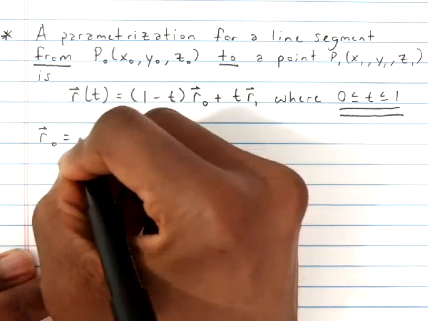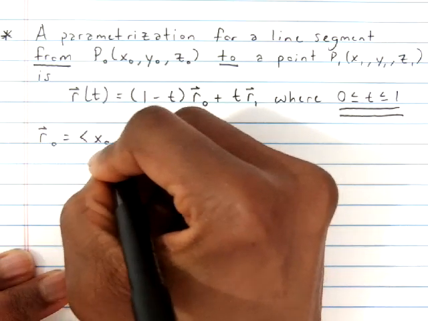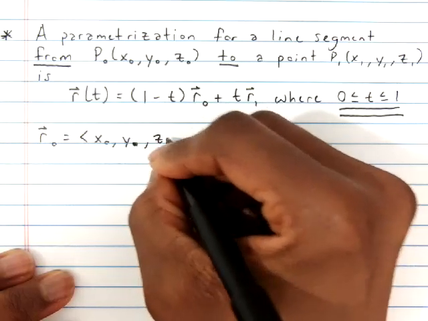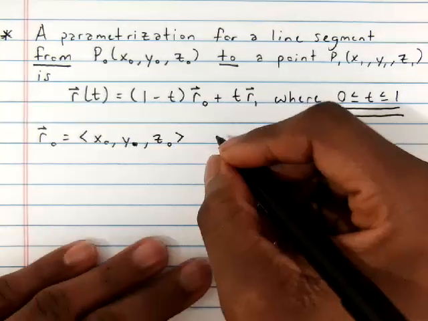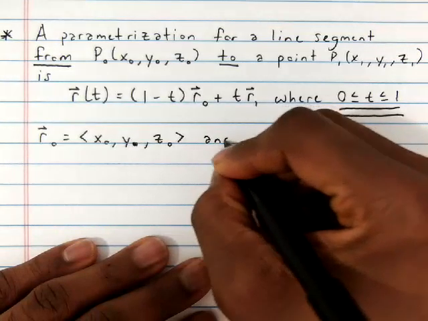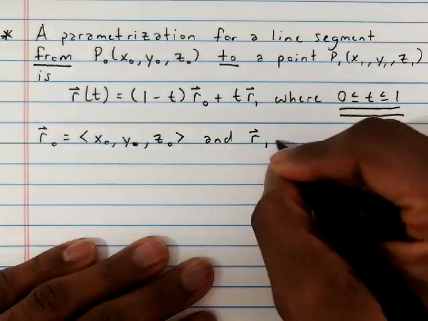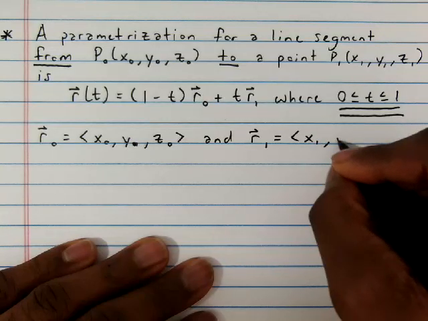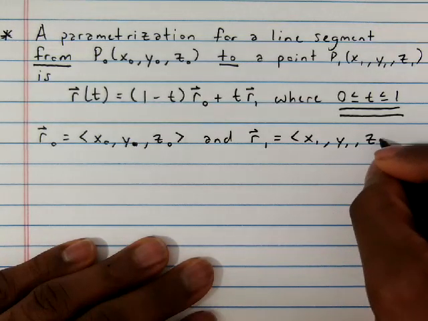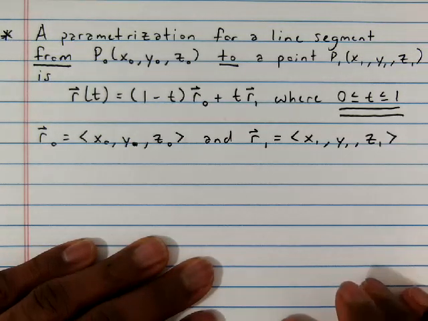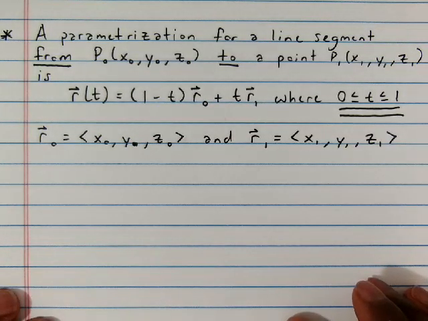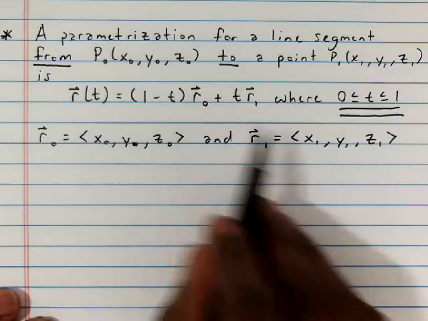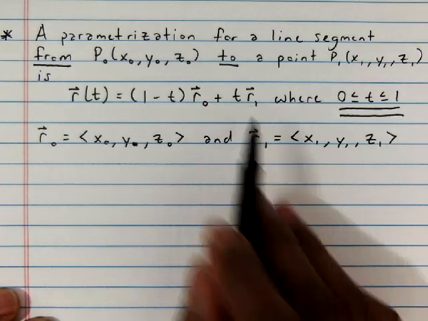R naught is just the vector with components x naught, y naught, and z naught. And R1 is the vector with components x1, y1, and z1. So if you want to, you can put that right there and put this right there if you want to rewrite the formula that way.